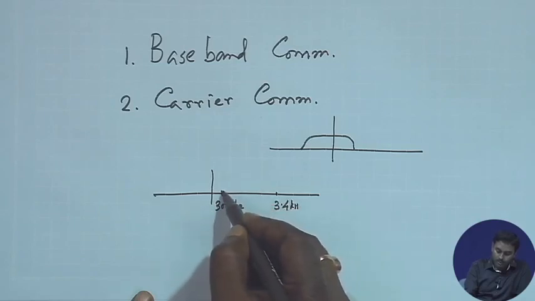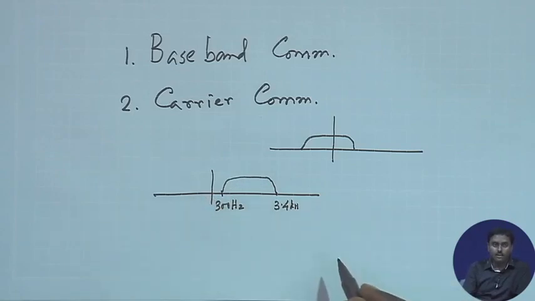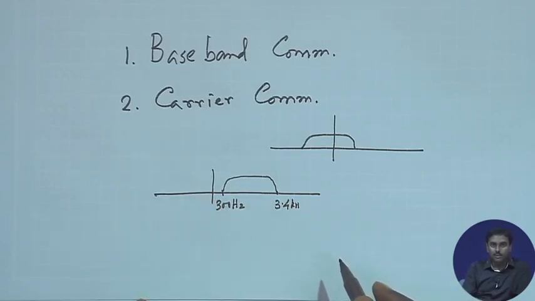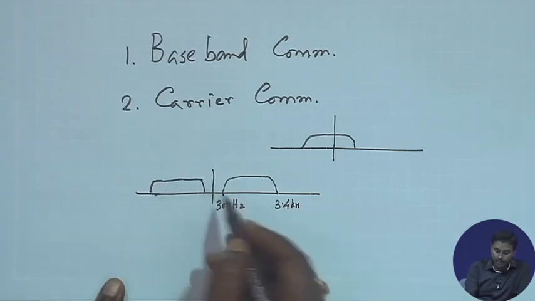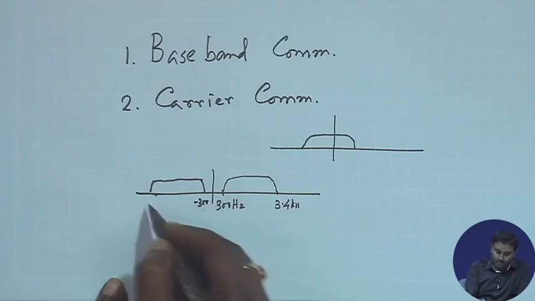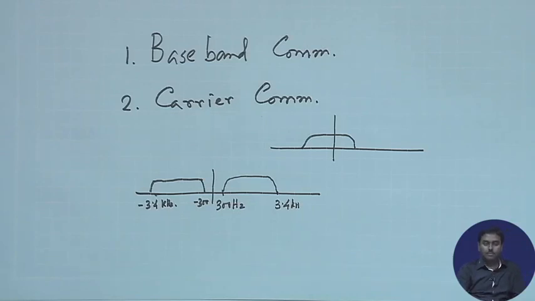Because it is a spectrum represented by Fourier transform, it should have an equivalent negative part, minus 300 to minus 3.4 kilohertz. So this is what a typical voice signal looks like.